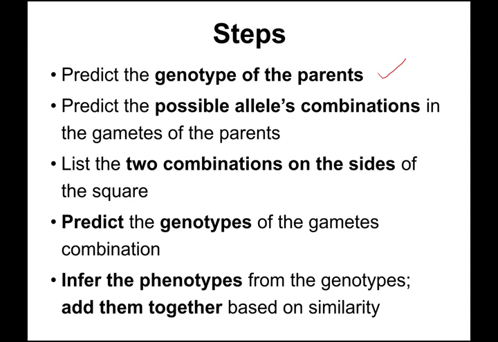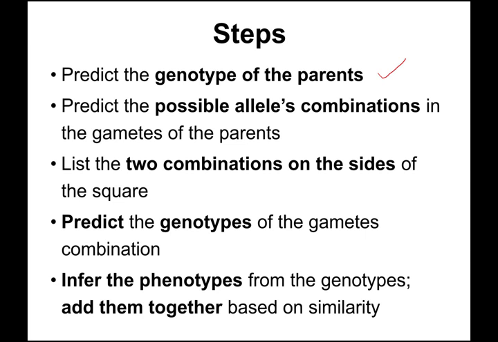For example, if you're told that a plant has a recessive phenotype, you can immediately infer the genotype by knowing that that recessive phenotype can be given only if the plant is homozygous recessive for that specific character. So it can be given to you or you can infer it. We'll see it in some examples.